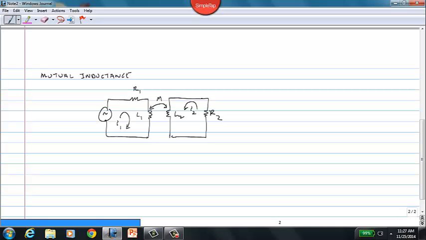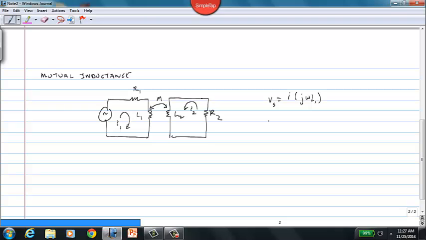It's got a self-inductance of L1, and therefore the self-induced voltage drop across this is V self equal to I1 times j omega L1. So it's the current times the inductive reactance, which is j omega L1. So that's the self-induced voltage across the coil.